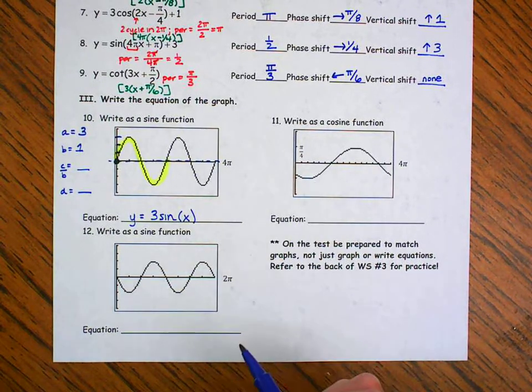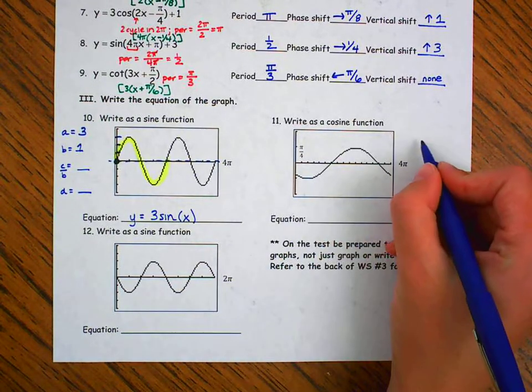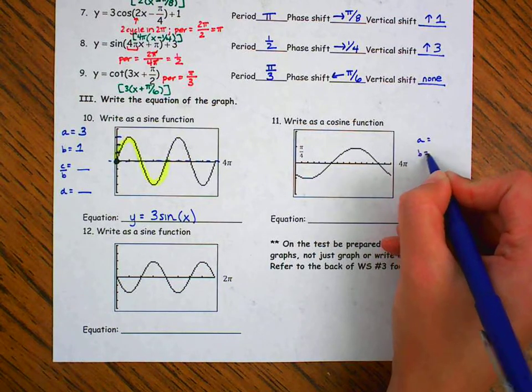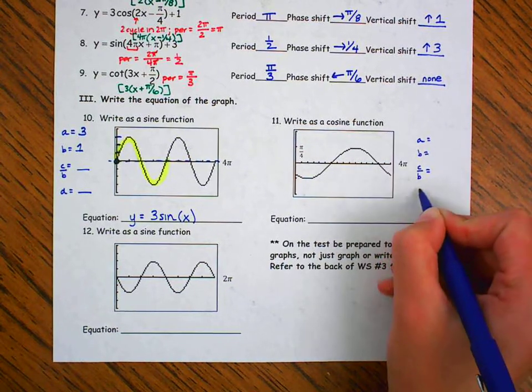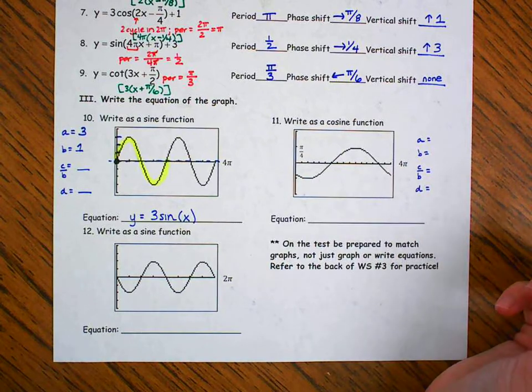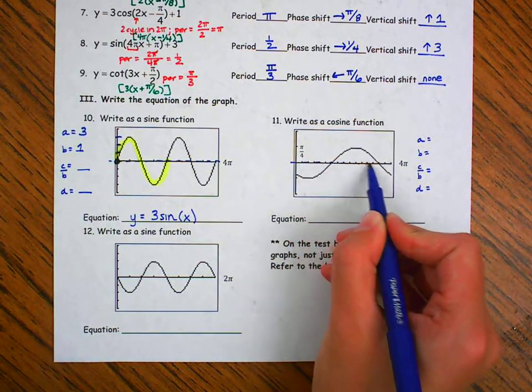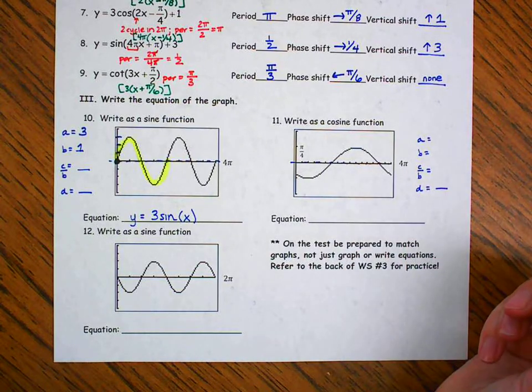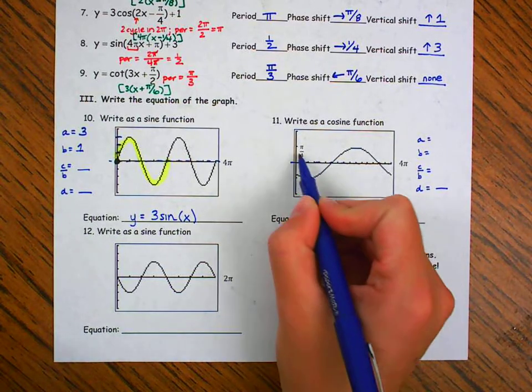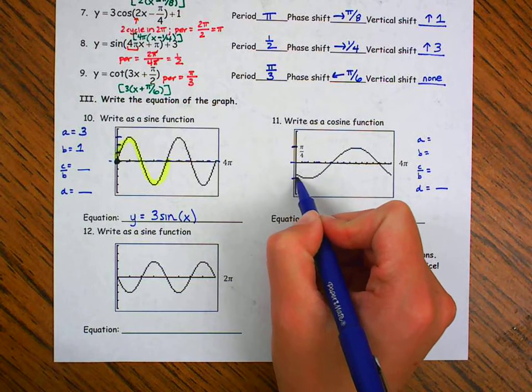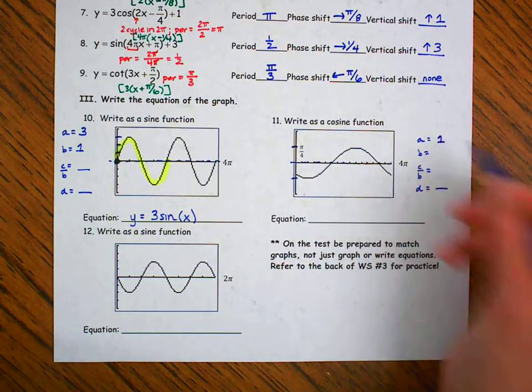Let's try this one. Now we have cosine. Okay, again, it doesn't look like my center line got shifted at all, so that's going to be nothing. I go up to 1 tick mark, down to 1 tick mark, so my A is 1.